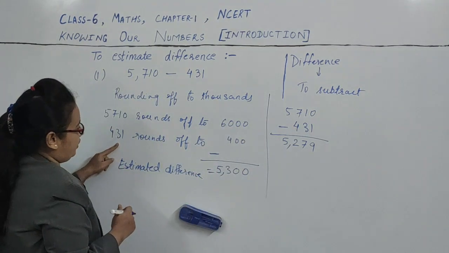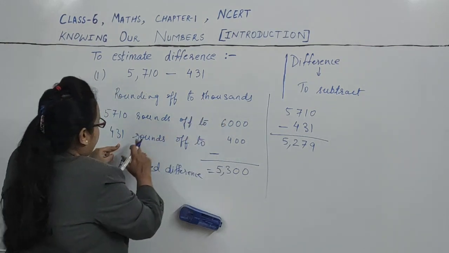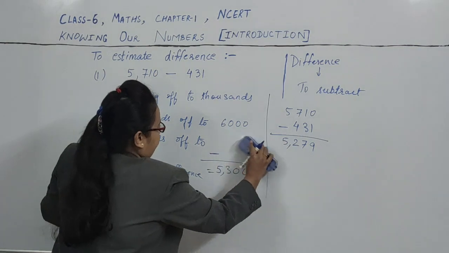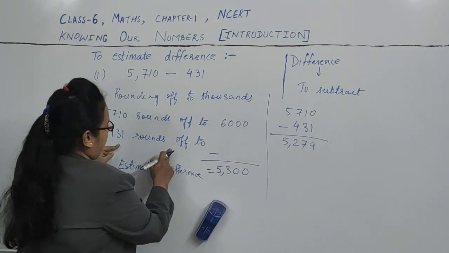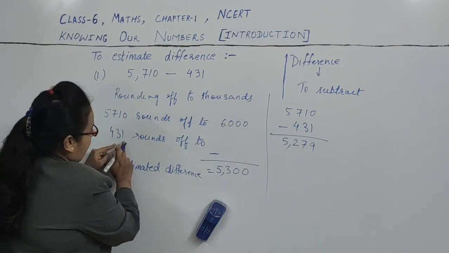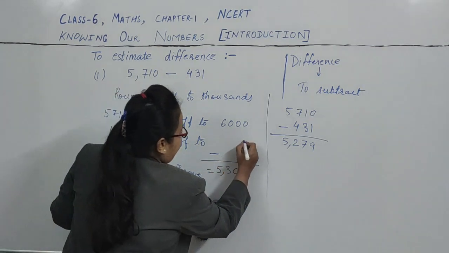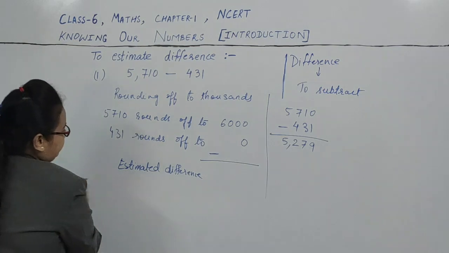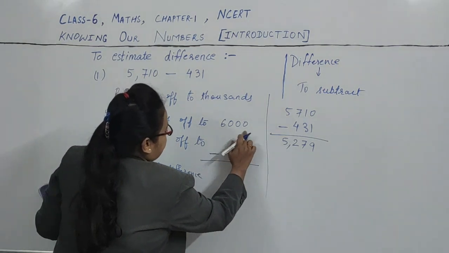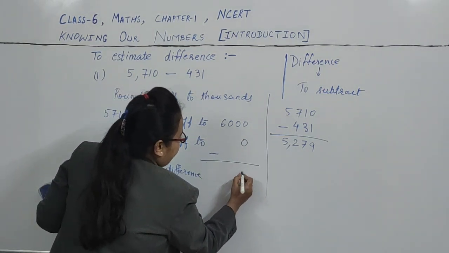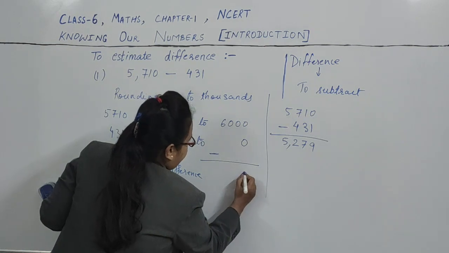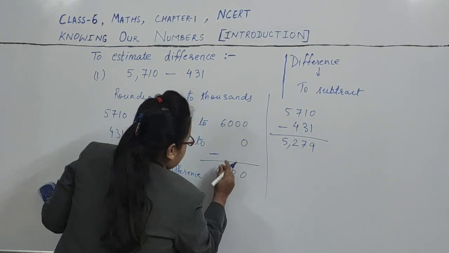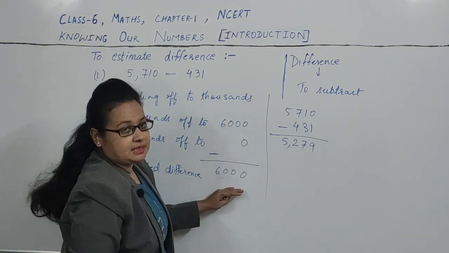And if this is rounded off to thousands, it will become 0 because it is less than 500, right? So what will be the estimated difference? 6000 minus 0 will be 6000, right?